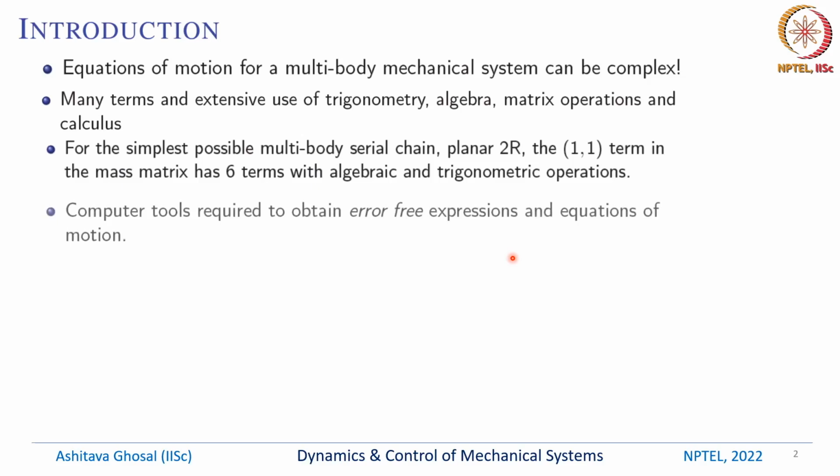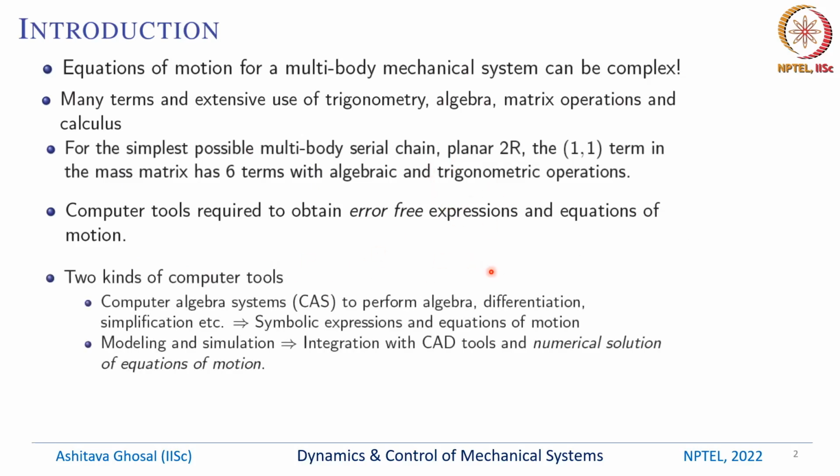So it is imperative that we find computer tools which can give us error-free expressions and equations of motion. It is almost impossible to derive by hand the equations of motion of any reasonable mechanical system.